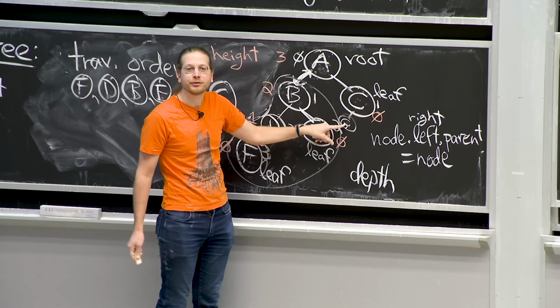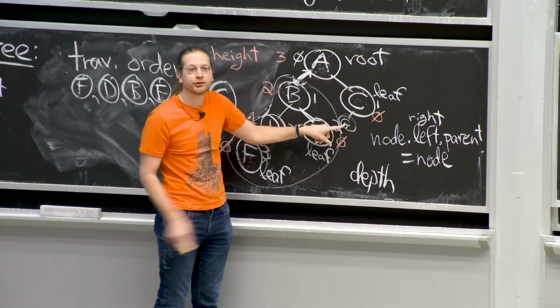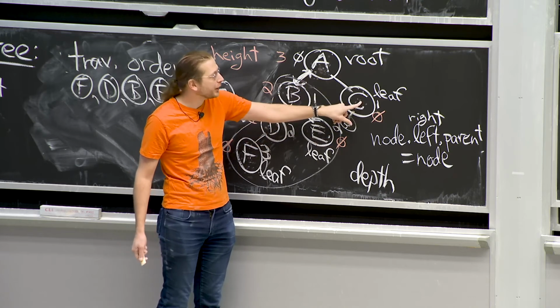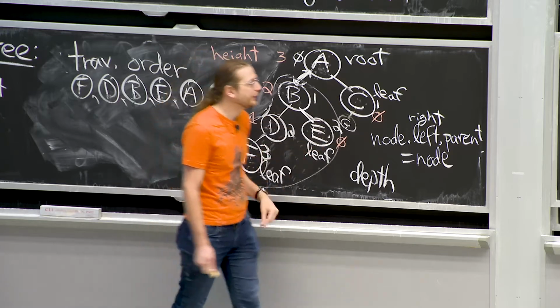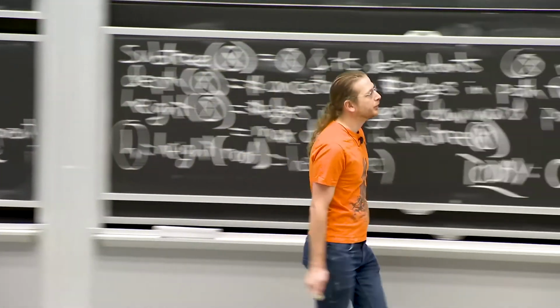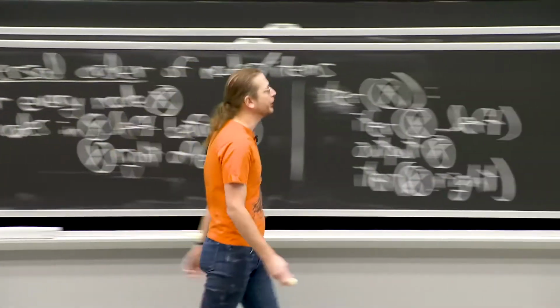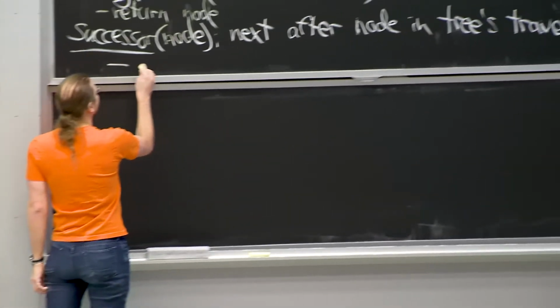The leftmost leaf. Okay, that's the problem we just solved. So if A has a right child, what we want is the leftmost leaf, the first thing in that subtree. The right subtree, right child subtree. So this is case one.